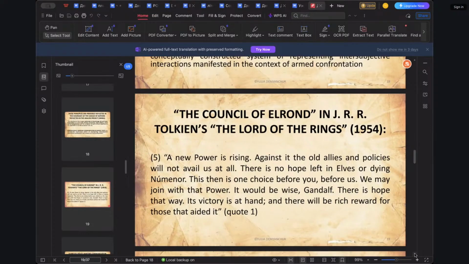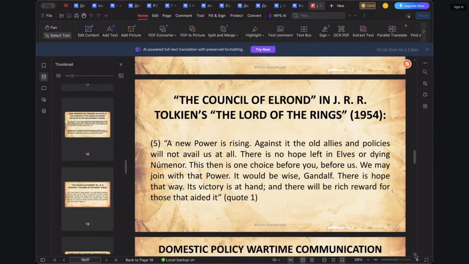In this episode, instead of direct depiction of armed confrontation, the focus shifts to an institutionalized and linguistically substantial strategy for forming a political alliance. This strategy represents an alternative model of geopolitical interaction within an imagined world.